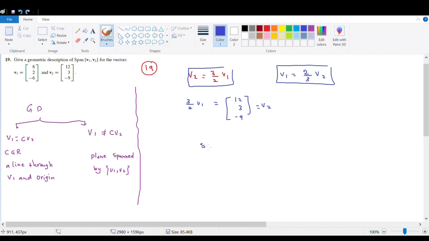Span V1, V2 is the set of points on the line through V1 and 0, which is the origin point 0, 0, because we have here V2 is a multiple of V1.